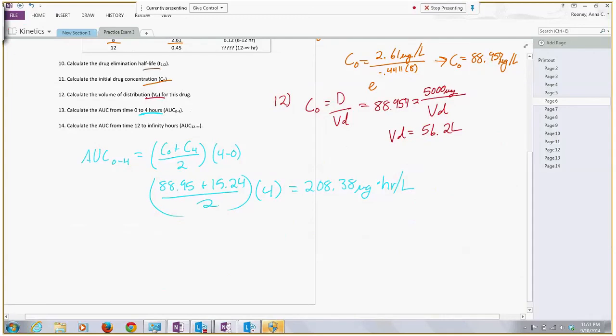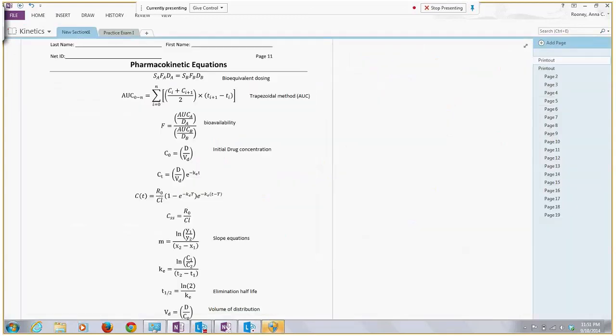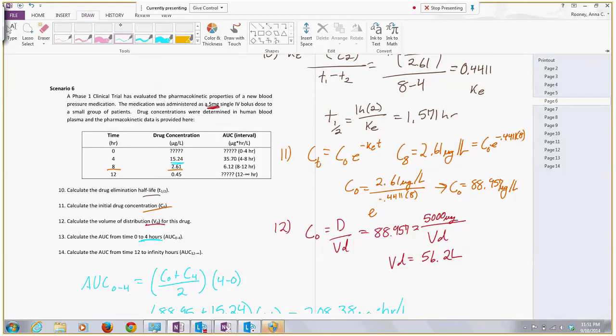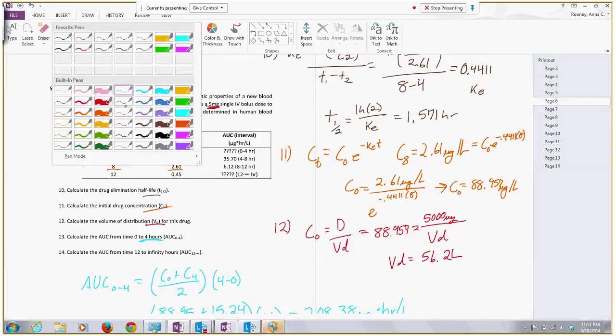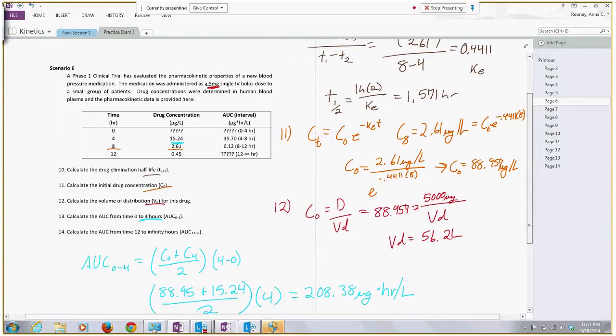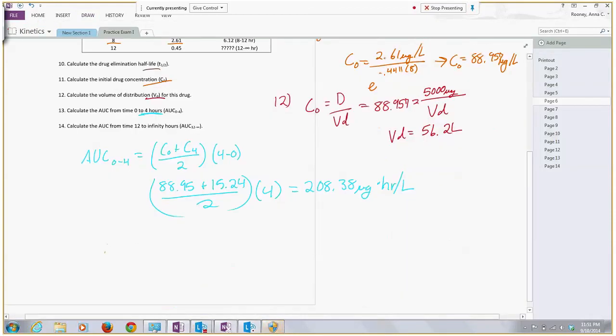But you guys aren't doing limits, but I can do a quick one just to show you guys. So AUC, was it 12 to infinity? It looks like it's an 8.